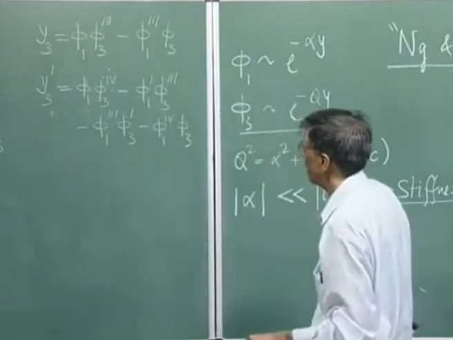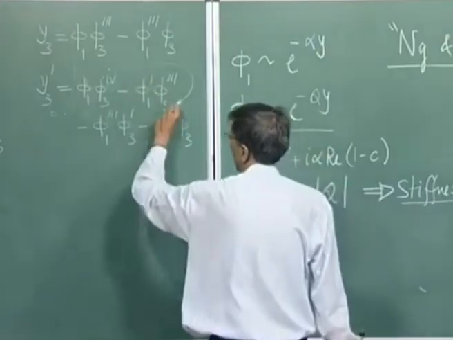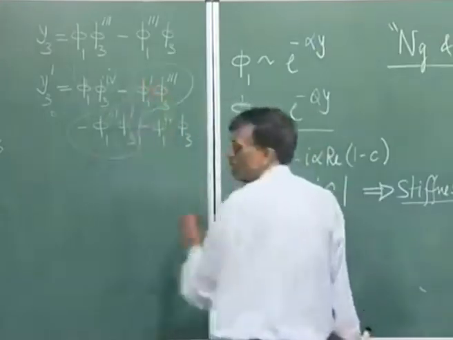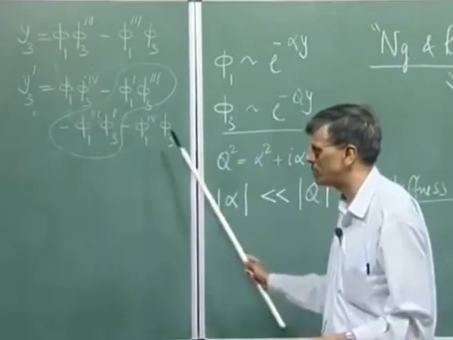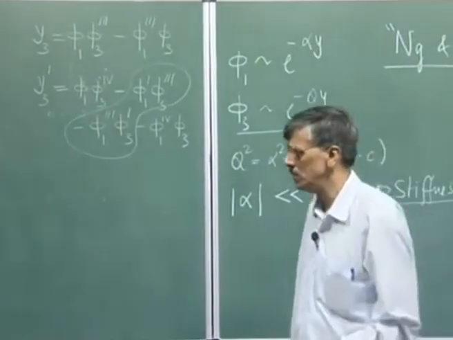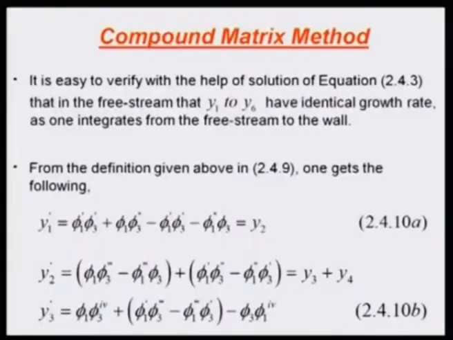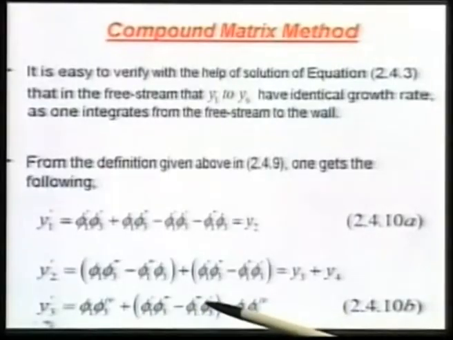This part is one of the compound variables that we have defined. What about this part and that part? That is what we have identified.